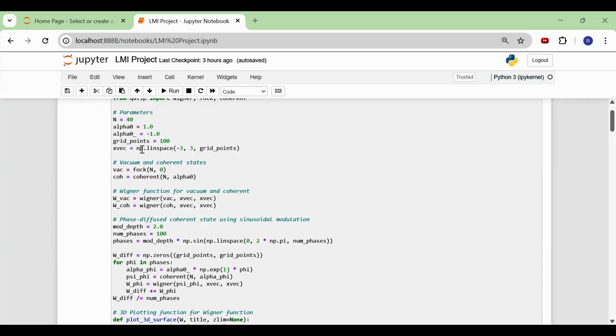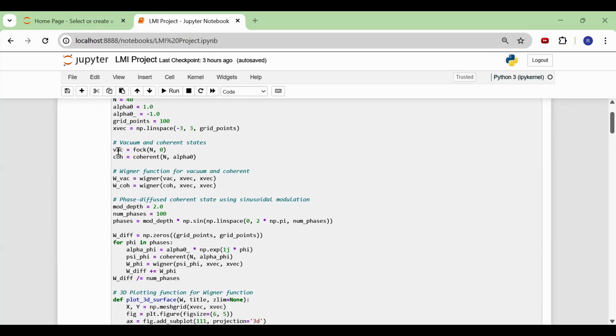Basically, I have taken the grid points as 100, and the x vector, which is the x and y axis of the 2D plot, from -3 to 3, divided into a total of 100 grid points.